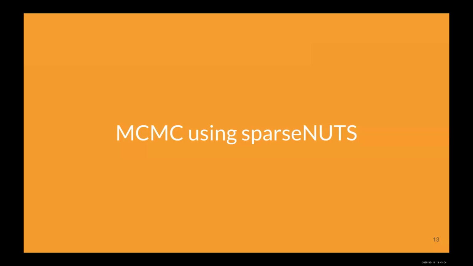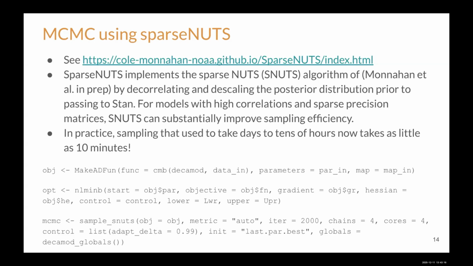Something else that's near and dear to my heart is being able to do MCMC for these stock assessment models to help us represent parameter uncertainty and then use that within projections and so on. So Cole Monahan has put a heck of a lot of work into this R package, SparseNUTS. It implements the NUTS algorithm.